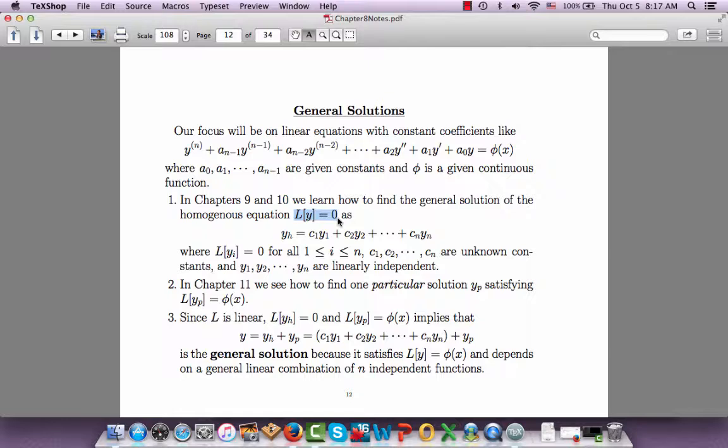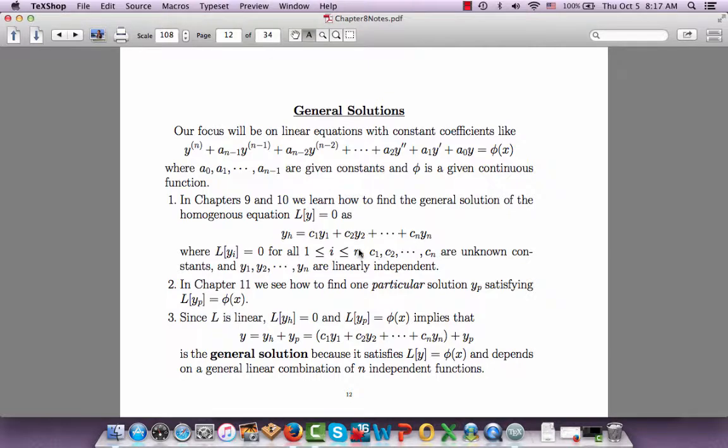That's the idea. What it does is it introduces n different unknown constants, so that later we can solve initial value problems which require us to have n conditions, like y of 0 is 5, y prime of 0 is 10. n different conditions like that will help us determine those coefficients.